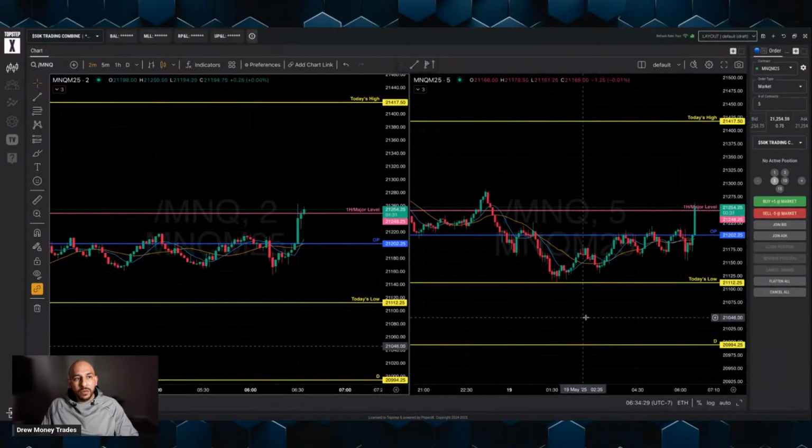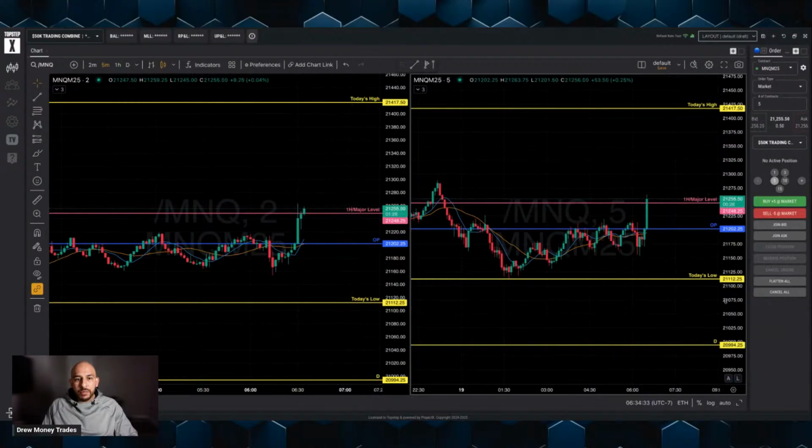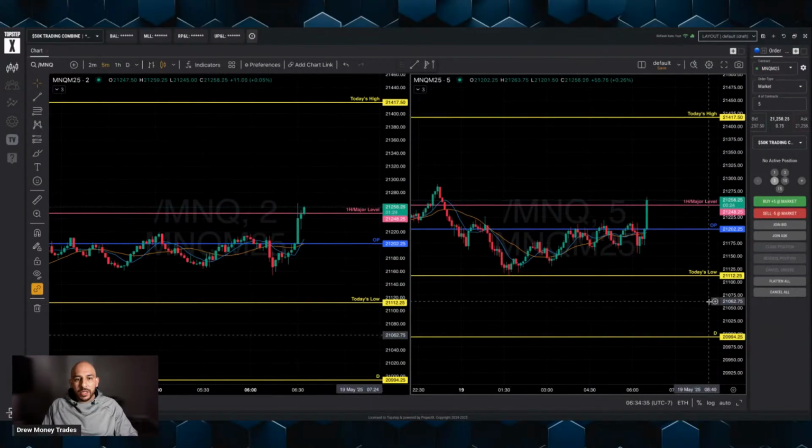Just in case something crazy happens, I'm not risking more than what I should be risking. I have a 35-point stop, but I'm going to adjust it according to how the market looks.